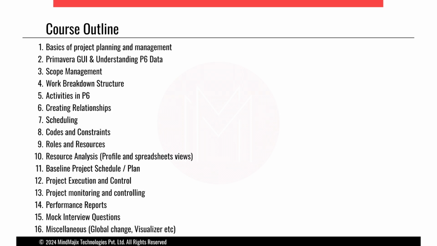What are activities and how we can assign the relationships, the different types of relationships we have, and so on. Scheduling is going to be a really interesting topic, and it has some important concepts as well, so we'll cover it in detail.